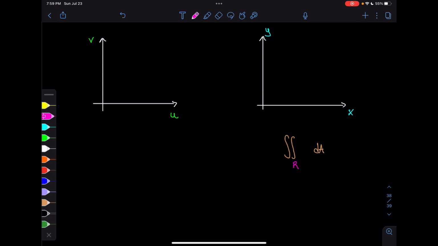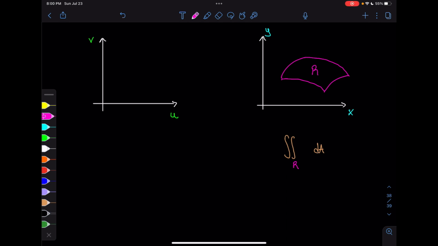It exists over here. This is our region. It's some generic region. Notice it's not a circle anymore. It's not a bunch of straight lines. It's some weird generic region. It's not 3D, this is a 2D region of integration.